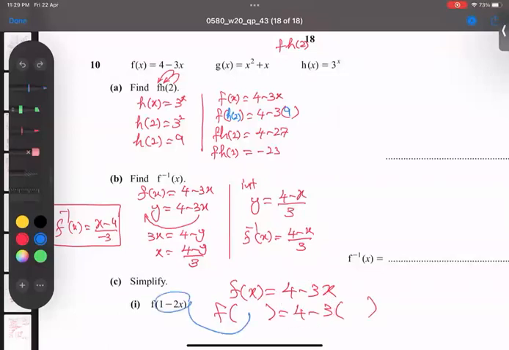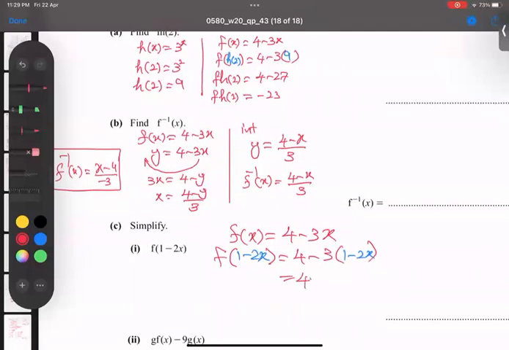But I need to put 1 minus 2x in both places. So 1 minus 2x I'm putting here, and 1 minus 2x I'm putting here. Now the rest is just simplifying. So 4, and 3 multiplied inside, minus into minus becomes plus, 3 times 2x is 6x, and I got 1 plus 6x. Alhamdulillahi Rabbil Alameen. The point is very clear.